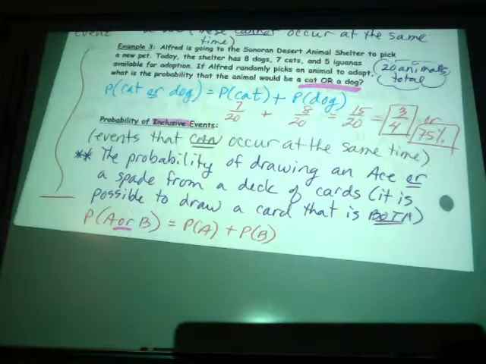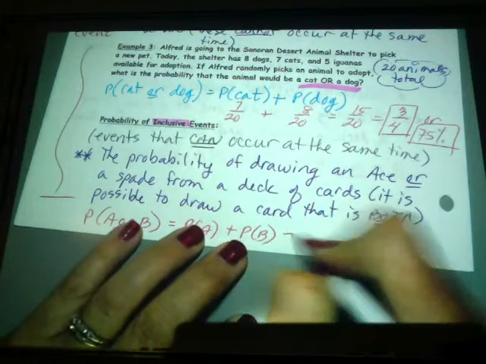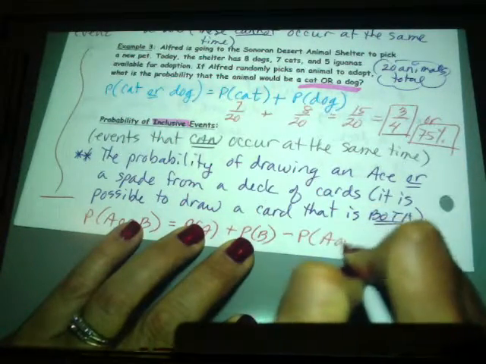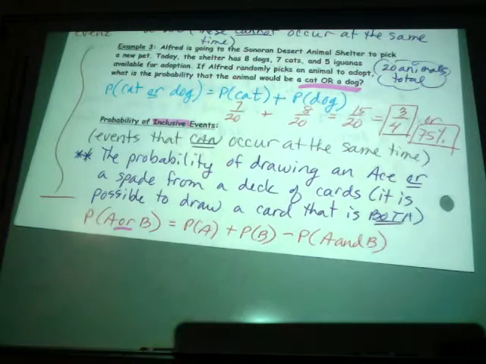So in this case, the probability of drawing an ace would be what? How many aces in a deck of cards? 4 out of 52. Plus the probability of drawing a spade. How many spades? 13 out of 52. But then I have to subtract the probability of A and B occurring at the same time.